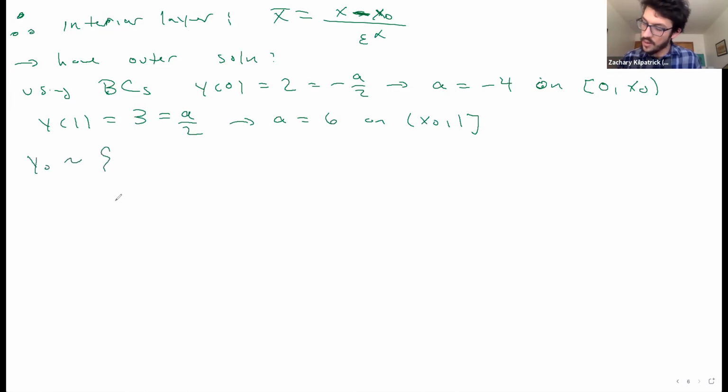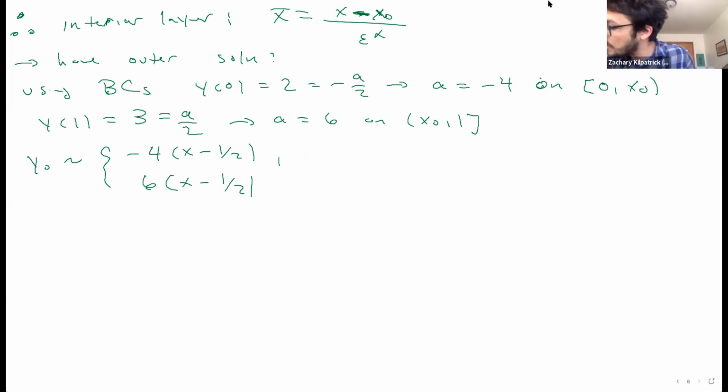I have y0 is equal to minus 4 times x minus a half on 0 up to x0, and 6 times x minus a half on x0 up to 1, okay? Now, this will only be plausible, okay, if x0 equals a half, right?